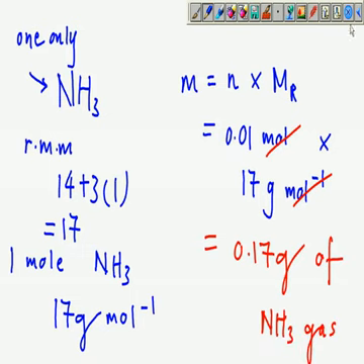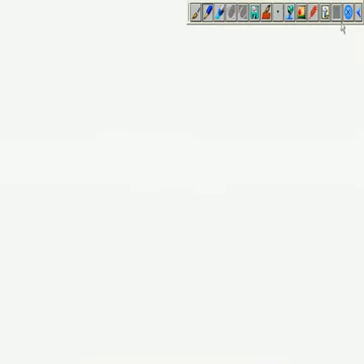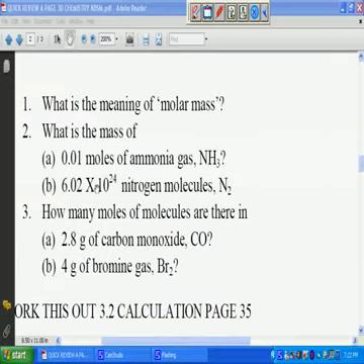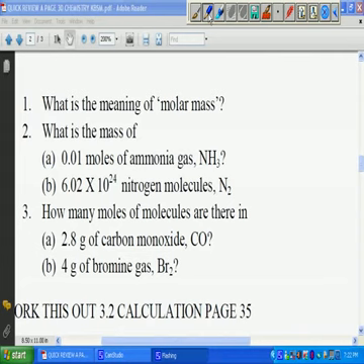So let's go to number 2b, 6.02 times 10 power 24 nitrogen molecules. What is the mass of this? This one is a bit tough because we need to relate 4 things. This one is a big N. Number of mole is big N over Na, actual over standard.